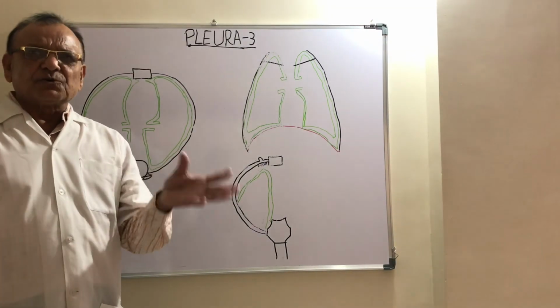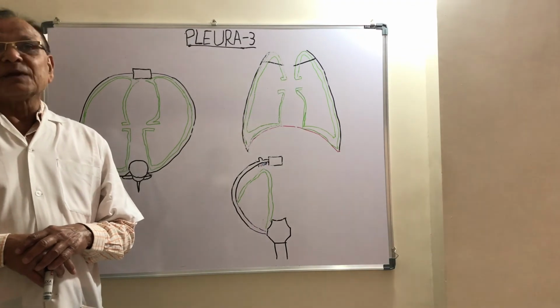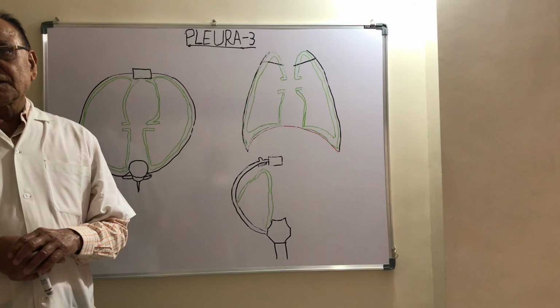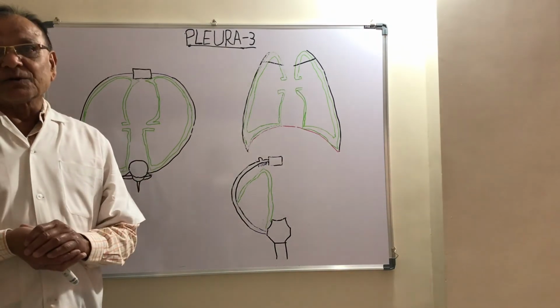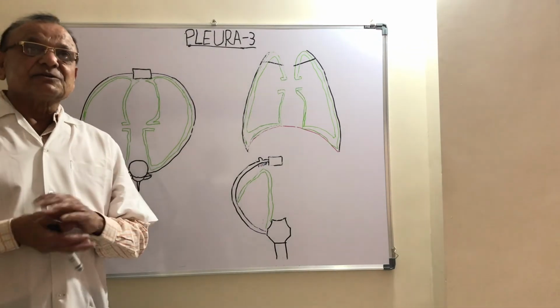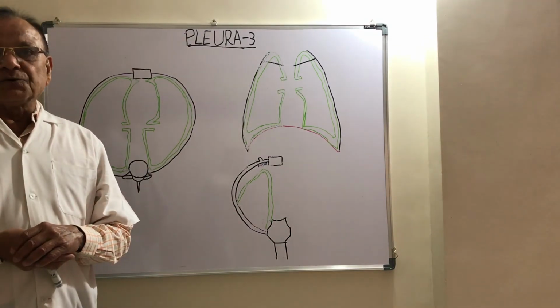Sometimes a larger amount of serous fluid is collected in the pleural cavity, and normally it occurs in patients of tuberculosis. If serous fluid is collected in the pleural cavity, this condition is called pleural effusion.